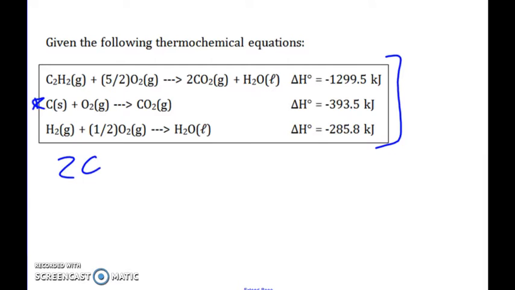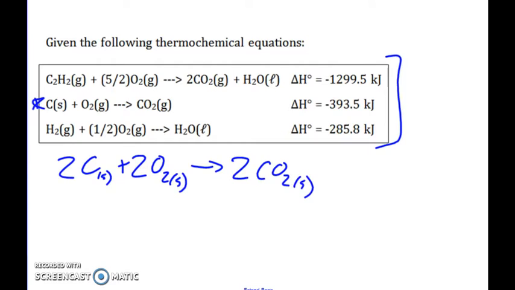So 2 carbon plus 2 O2 turns into 2 CO2. Our delta H will be equal to 2 times negative 393.5.